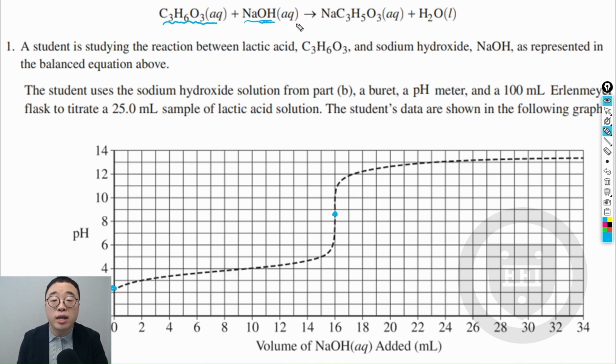At this point, we only have the conjugate base and water. Past this point, we have addition of OH minus, because all the weak acid has been reacted, and therefore we have an increase in the pH. So that's how you read this graph and this curve. And let's continue on.